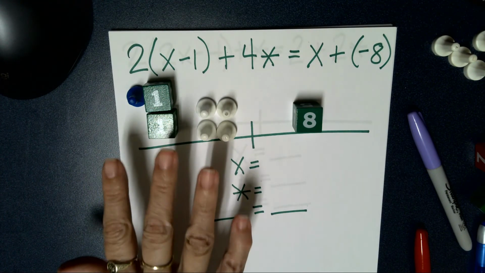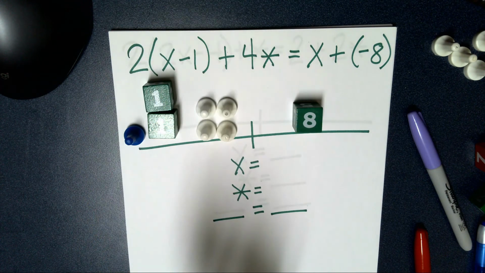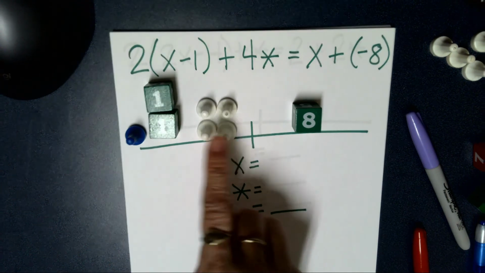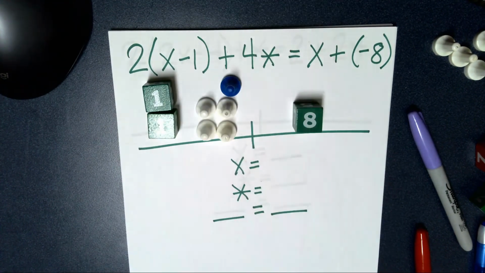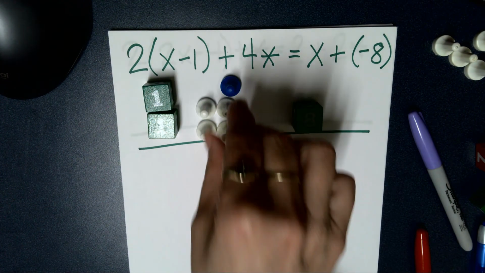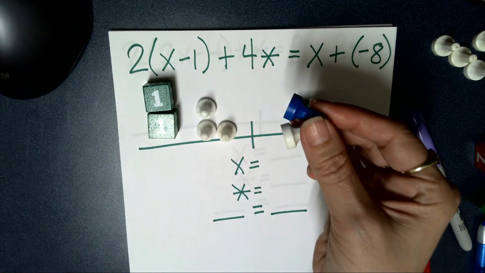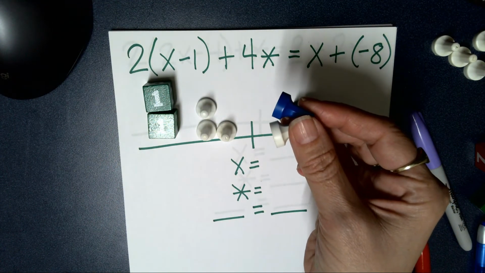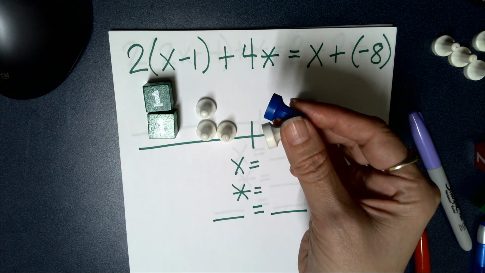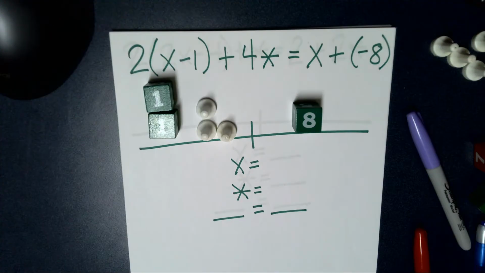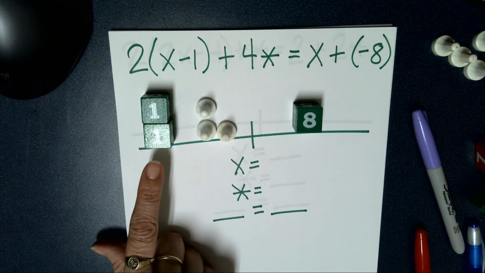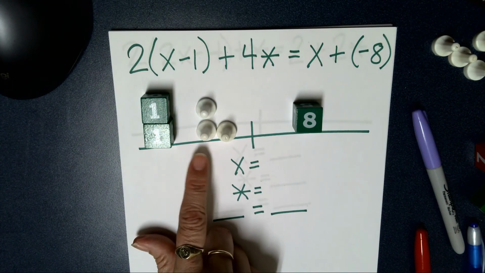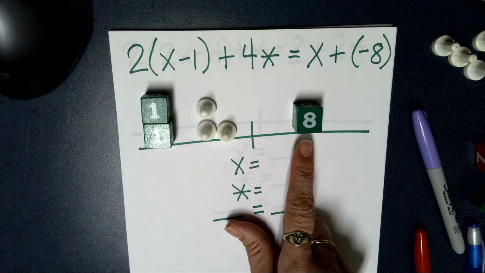So we want all of our pawns and stars on this left. I have a pawn and I have 4 stars. So if I put those together, what do I end up with? Well, I end up with a 0 pair. So the pawn and the star can be removed at the same time because together they have a value of 0. Now I have the opposite of 2 and 3 stars on the left and the opposite of 8 on the right-hand side.